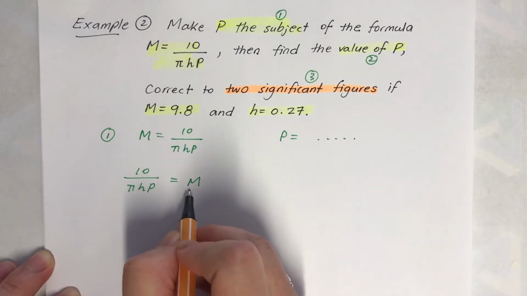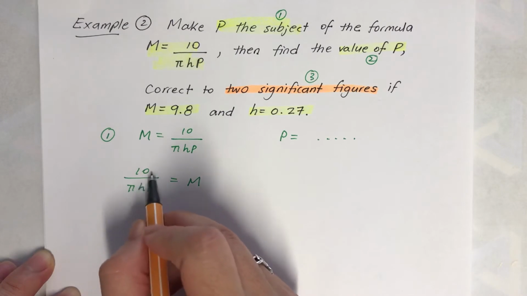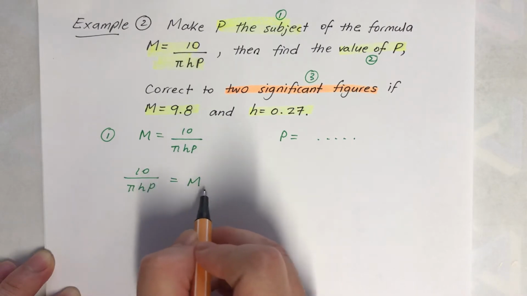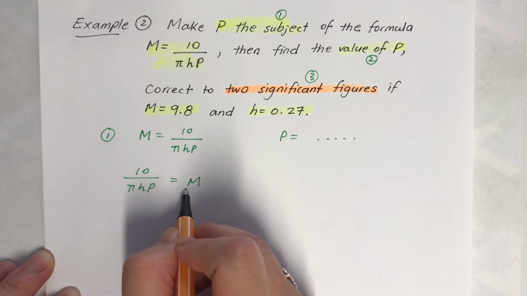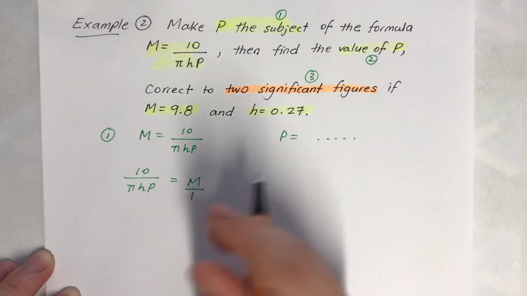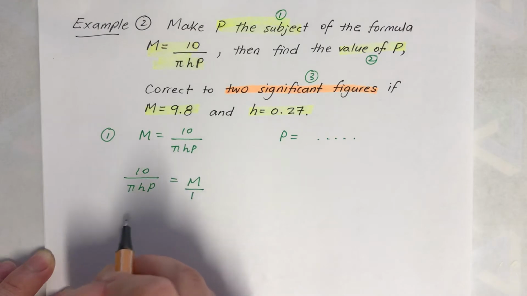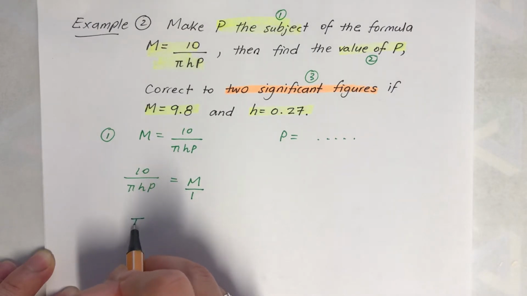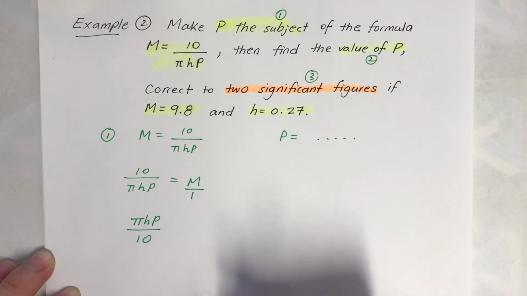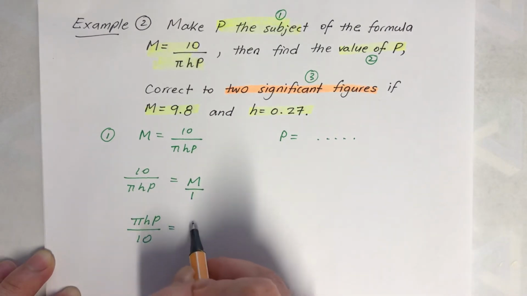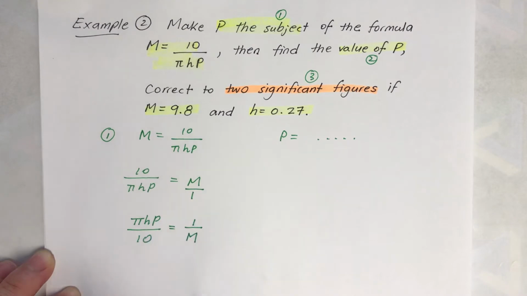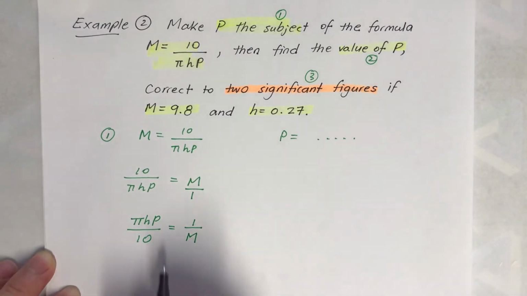So I'm going to flip this and flip this. This M is really M over 1. Then it's okay because I've flipped both sides. So when I flip this, I'll get pi H P over 10 equals 1 over M. Okay, it's not too bad.